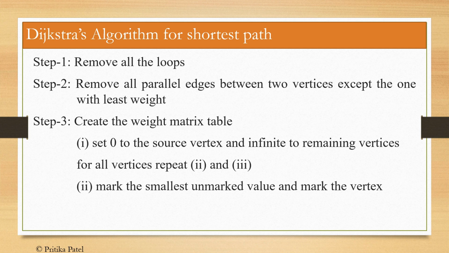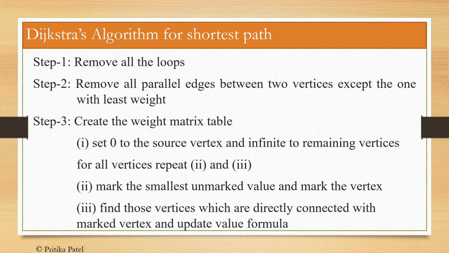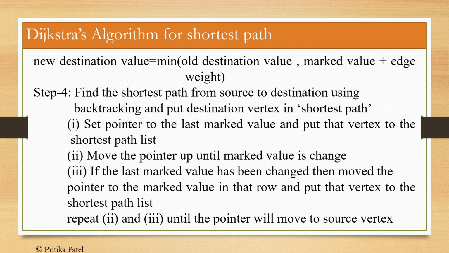The second step is to mark the smallest unmarked value and mark the vertex. Then the third one is to find those vertices which are directly connected with the marked vertex and update the value.